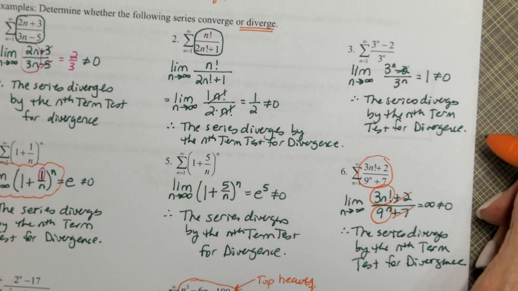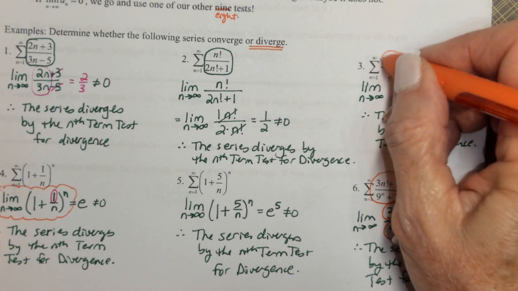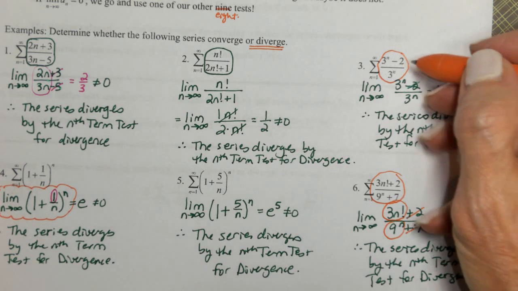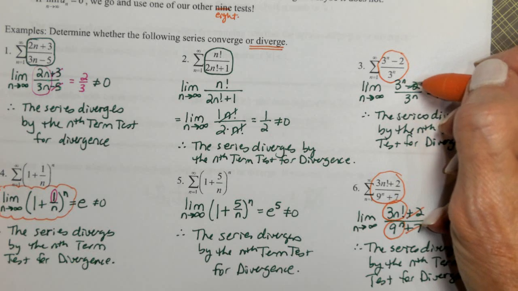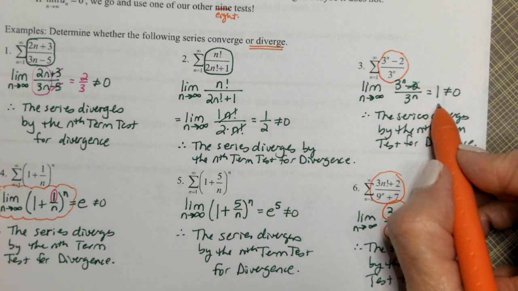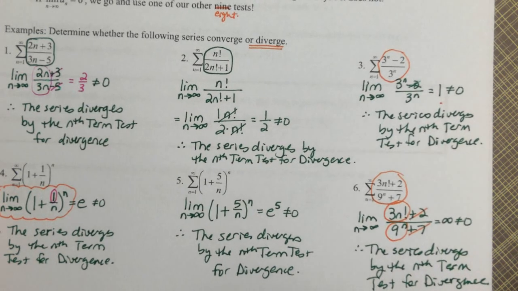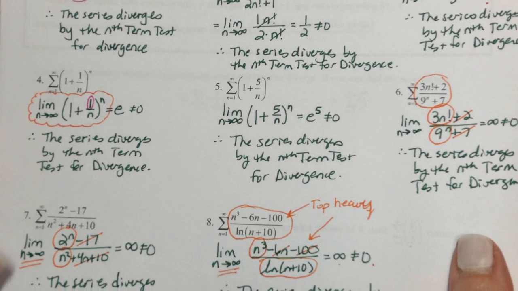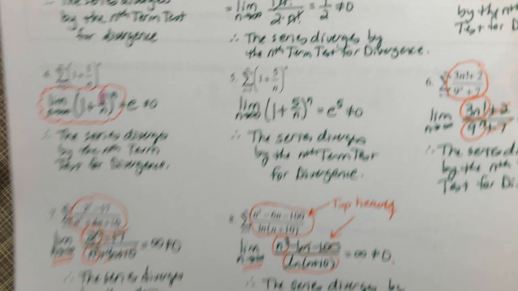Sometimes you're not going to be able to tell immediately. Like, this is not top heavy. In fact, the top with that minus 2, it's less than the bottom. However, the nth term test still works. But in many cases, you can quickly look at it and ask yourself, is this top heavy? And if it is, we can use the nth term test for divergence.